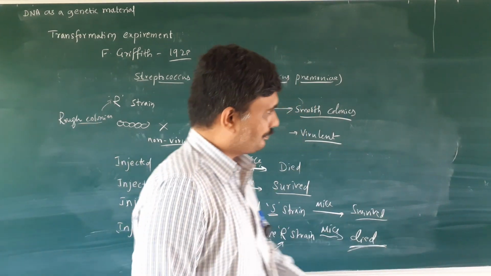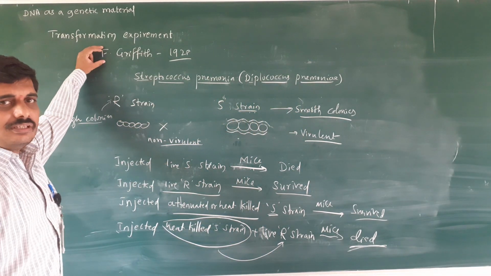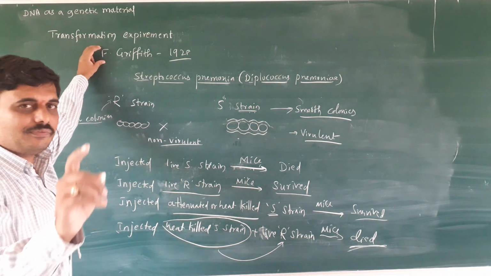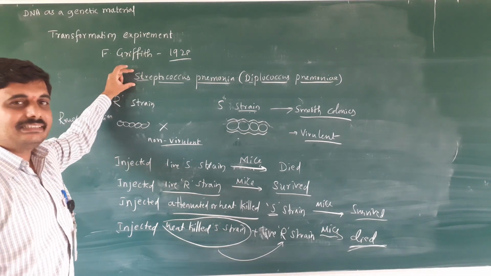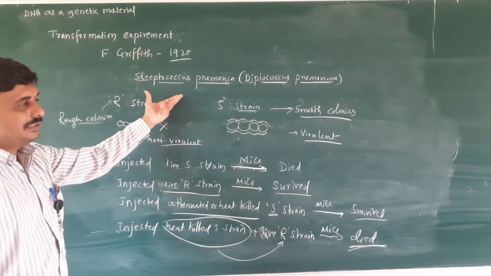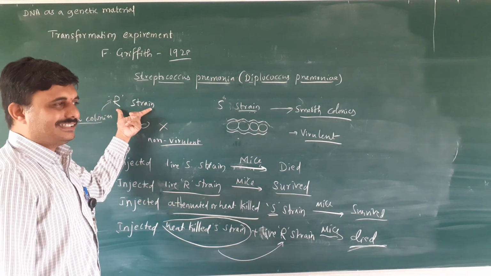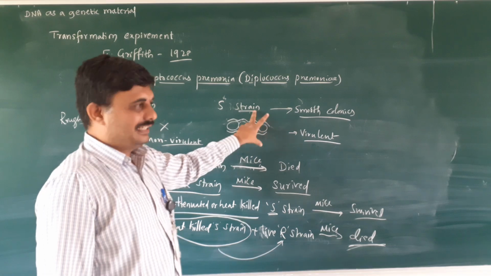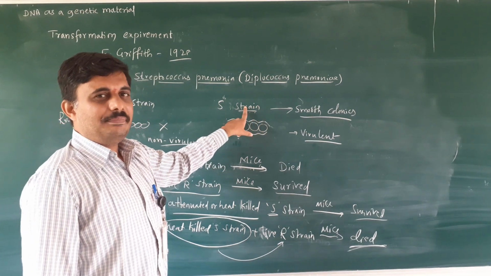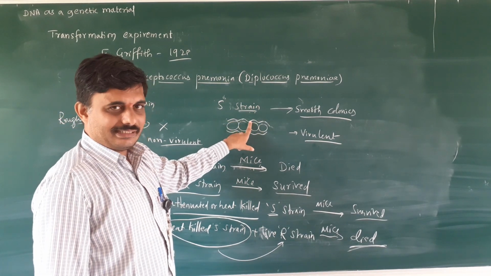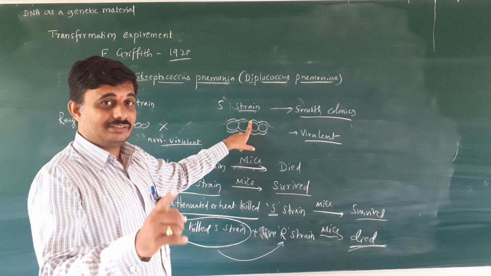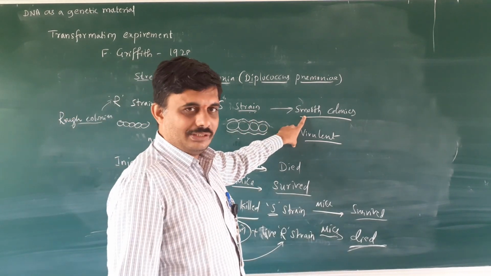What is the experiment? F. Griffith, in 1928, did one experiment on Streptococcus pneumoniae. Streptococcus pneumoniae has two strains, one R strain, the other S strain. The S strain produces a mucopolysaccharide or capsule around it, thus forming smooth colonies.